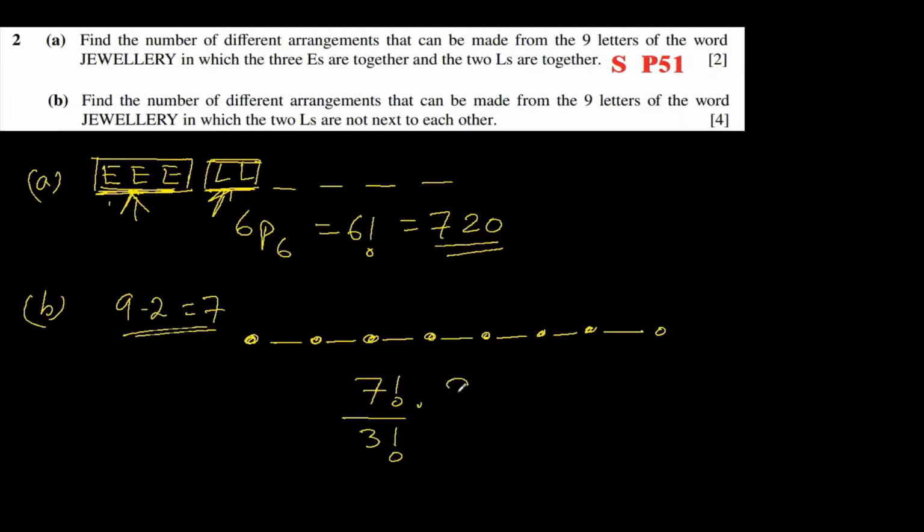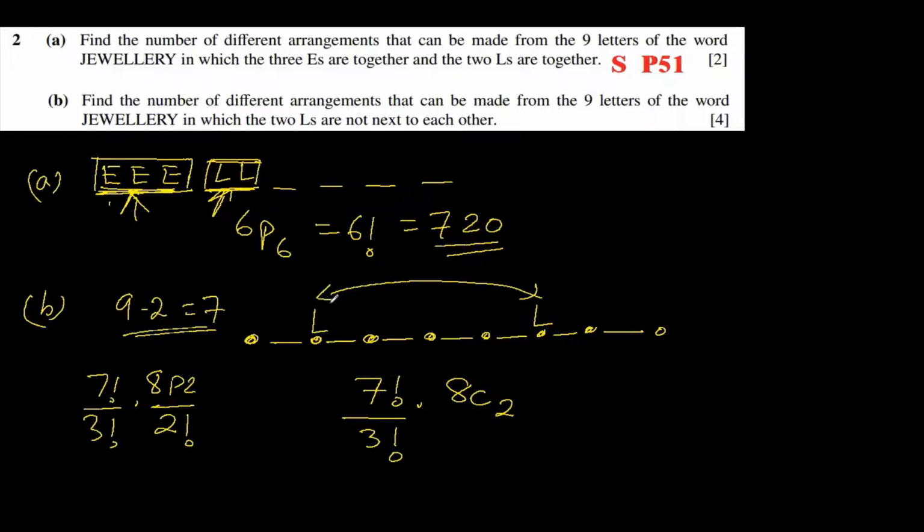So out of these 8, those L will choose any 2. So we can write 8C2, right? And just evaluate it. Or else we could have done this 7 factorial over 3 factorial and 8P2 and then divided by 2 factorial. Why? Because if they suppose one L took this place and one L took this place, so if they interchange their places, still the arrangement will be same.